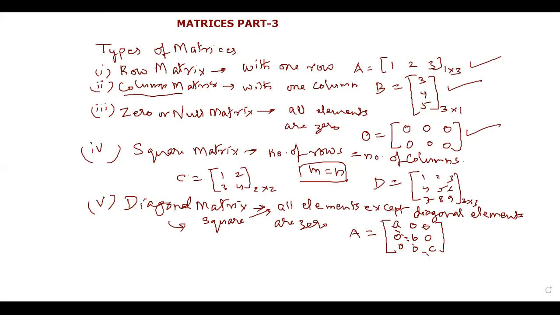Next is scalar matrix. Scalar matrix is a special type of diagonal matrix. In diagonal matrix, we have seen all the diagonal elements are non-zero, other are zero.